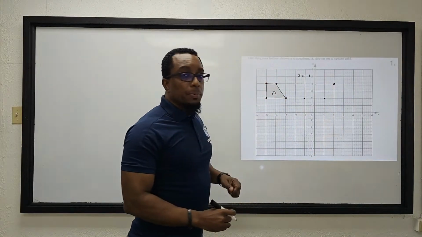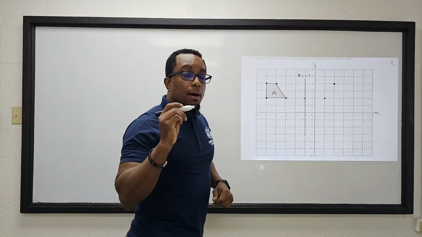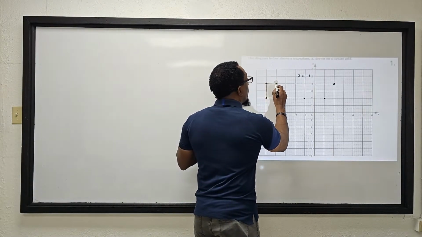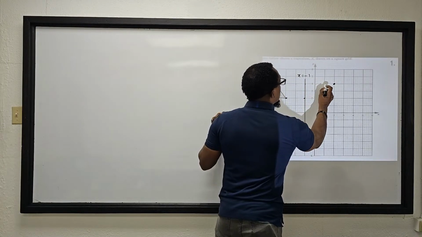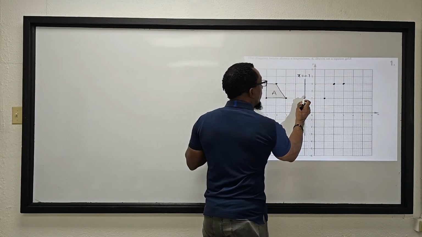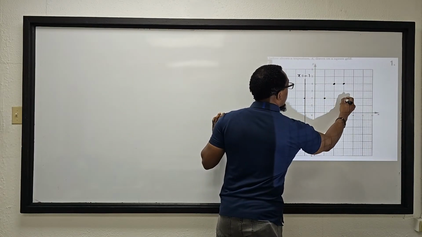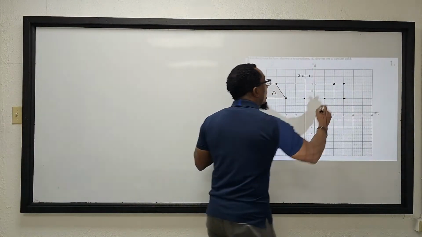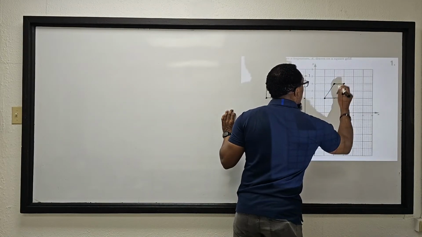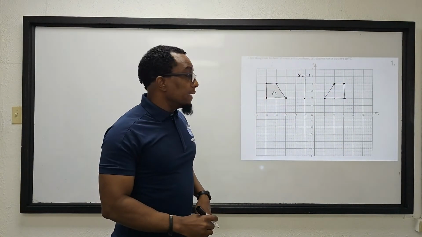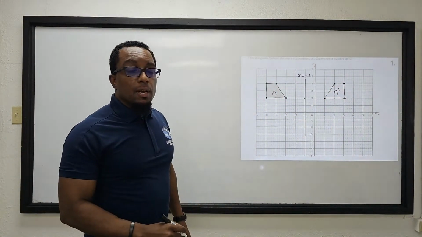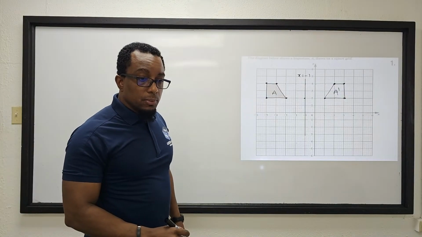For the next, it will be 1, 2, 3, 4 and then 1, 2, 3, 4. And for the last, again 1, 2, 3, 4 and 1, 2, 3, 4. So this will be the image of A, which we call A prime, and that shows a reflection in the line x equal to -1.